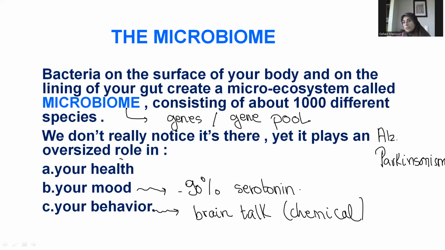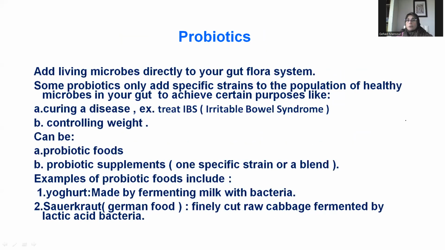So Alzheimer's disease and Parkinsonism are two types of brain and central nervous system diseases that usually occur in old age, but that might occur prematurely if the person has unhealthy gut flora.